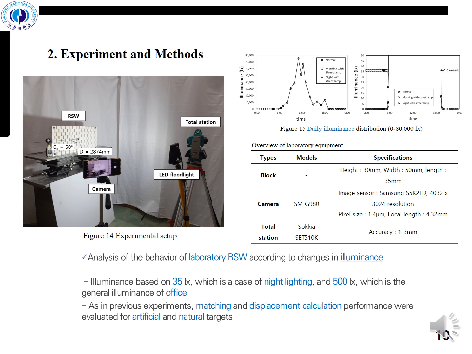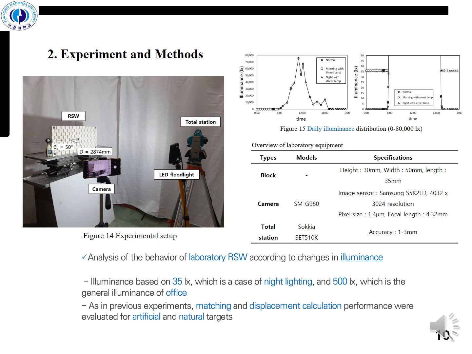Figure 14 shows the experiment setup with different illuminance, and a total station is also used to take a reference displacement at ROI. Figure 15 shows the daily illuminance distribution, and the illuminance was normally counted as 0 or 35 at night, with different light conditions.